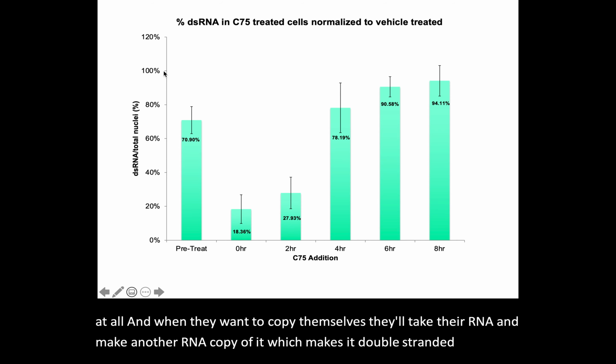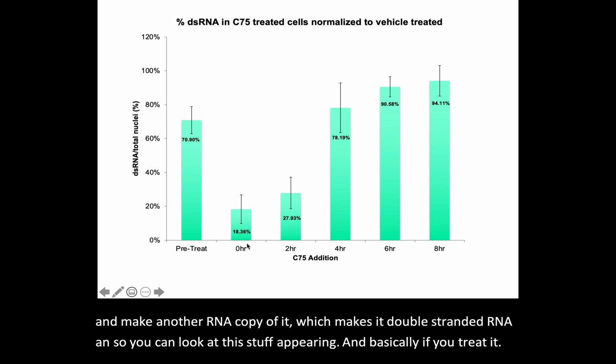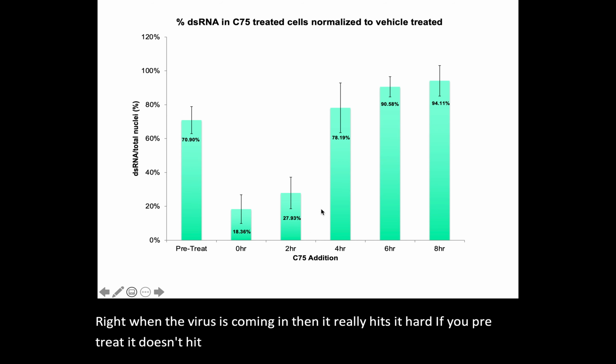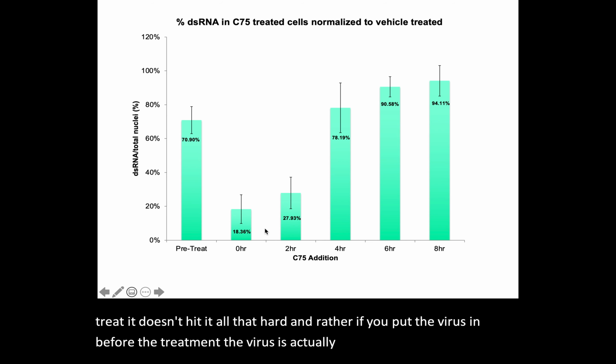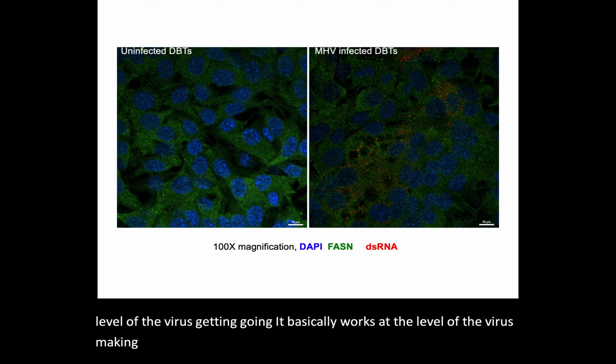And so you can look at this stuff appearing, and basically if you treat it right when the virus is coming in, then it really hits it hard. If you pre-treat it, it doesn't hit it all that hard. Or rather, if you put the virus in before the treatment, the virus is actually fine. The C75 works at the level of the virus getting going. It basically works at the level of the virus making those factories, which is kind of neat.